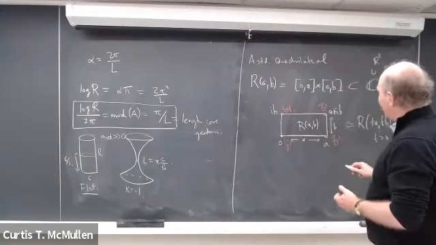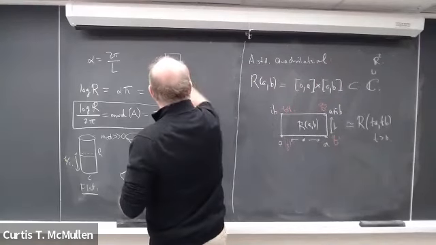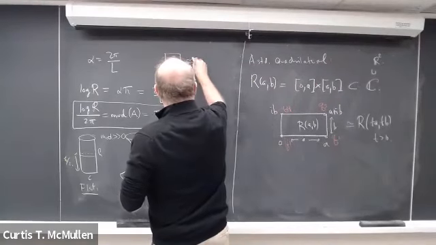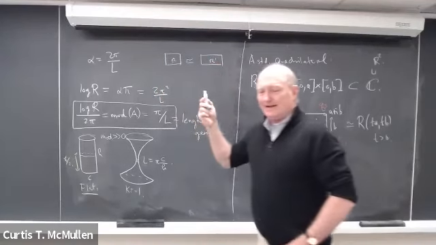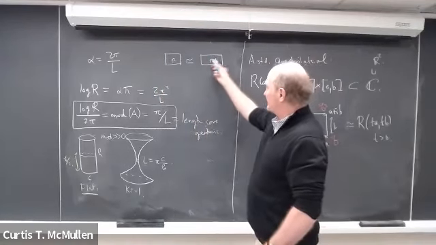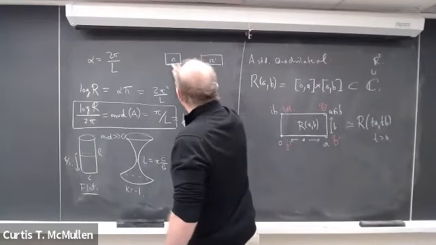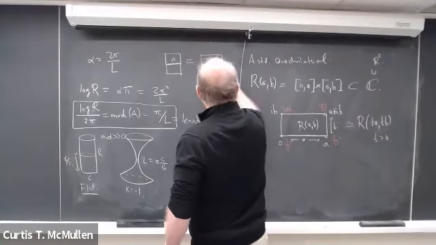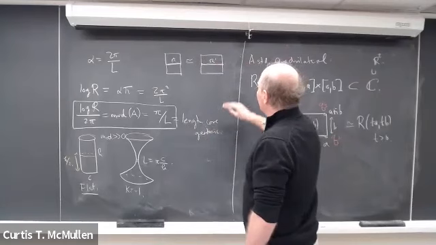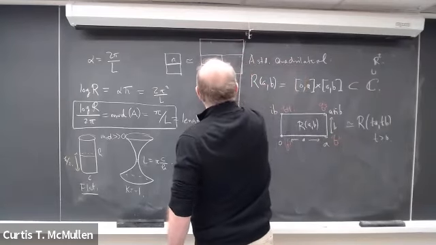And how do you do that? Exactly the same way as we did for annuli. If you have a map from a rectangle isomorphically to another rectangle, and by this I mean a conformal map that sends vertices to vertices in the right order, then this edge goes to this edge, and so you can Schwarz reflect to get a map on this larger region, and then Schwarz reflect again, and again, and again.